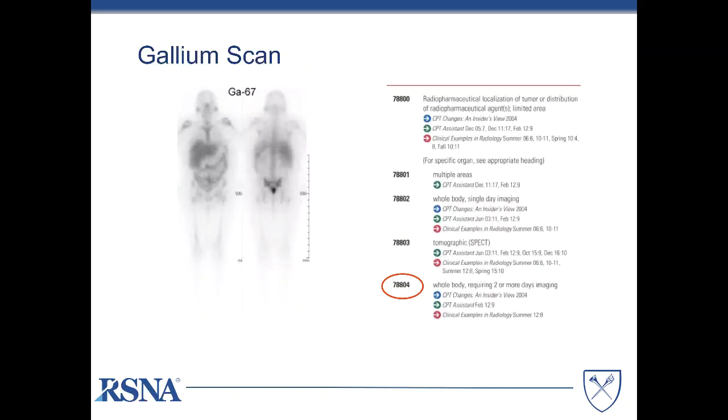If both 72-hour whole body images after gallium administration and additional 96-hour delayed images are obtained, then 78804 is still used and only coded once, since the description encompasses 2 or more days of imaging.